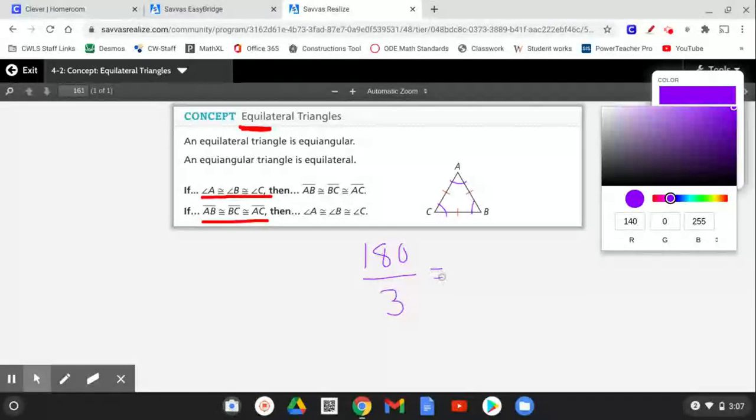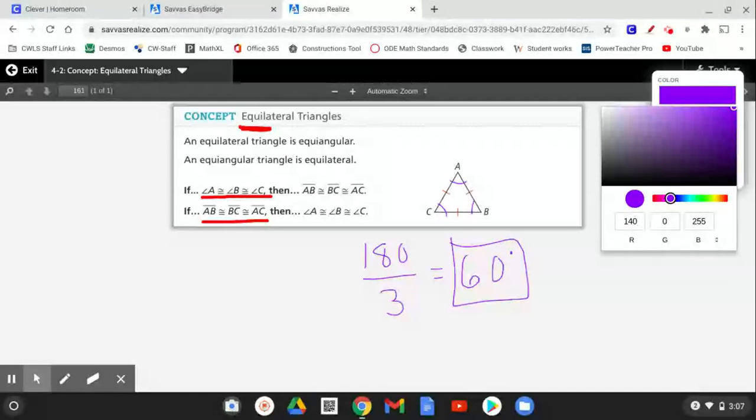When you do that, you get 60. So if you ask what the angle measures of an equilateral triangle are, they are always going to be 60 degrees. That would be something to jot down in your notebook.